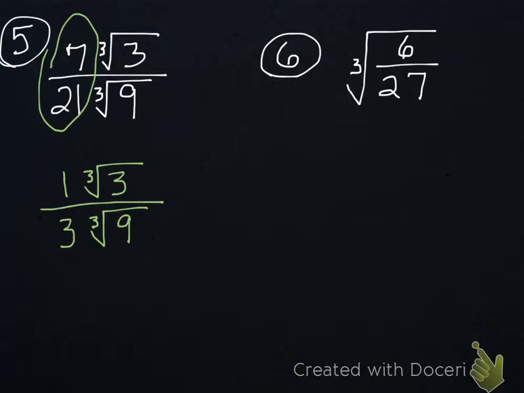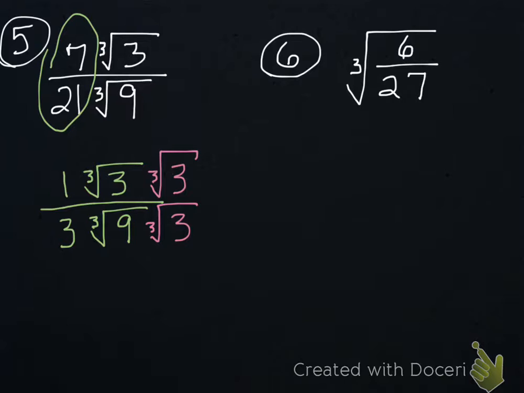And you might be saying, hey, we could have simplified that. We might have, but here's the thing. The best way to get rid of that cube root on the bottom is to multiply by a cube root. So what would I multiply 9 by to get a perfect cube? Well, if I multiply 9 by 3, that gives me 27. So I'm going to multiply by the cube root of 3 on top and on bottom so that I get a 27.